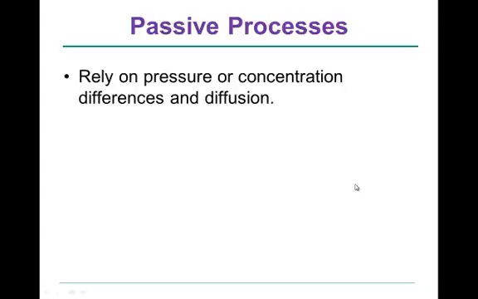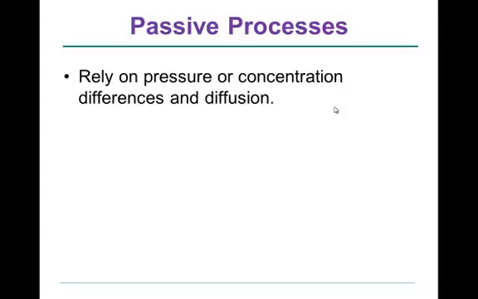Primarily, we're going to be talking about concentration differences or concentration gradients and how substances will then diffuse down such gradients. Now, the thing about those gradients is that they have energy, and therefore this type of transport requires no input of energy.